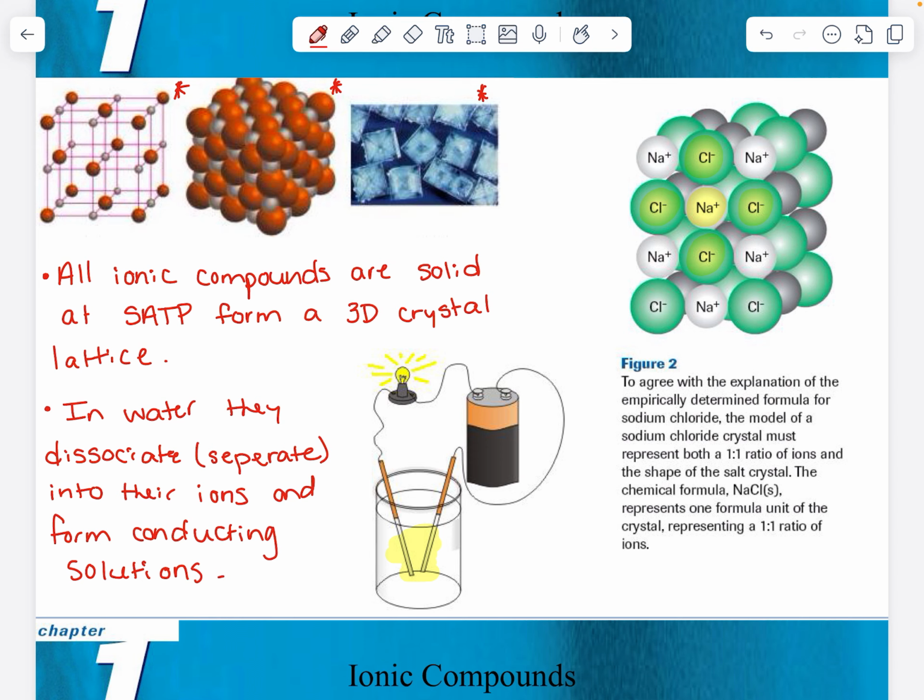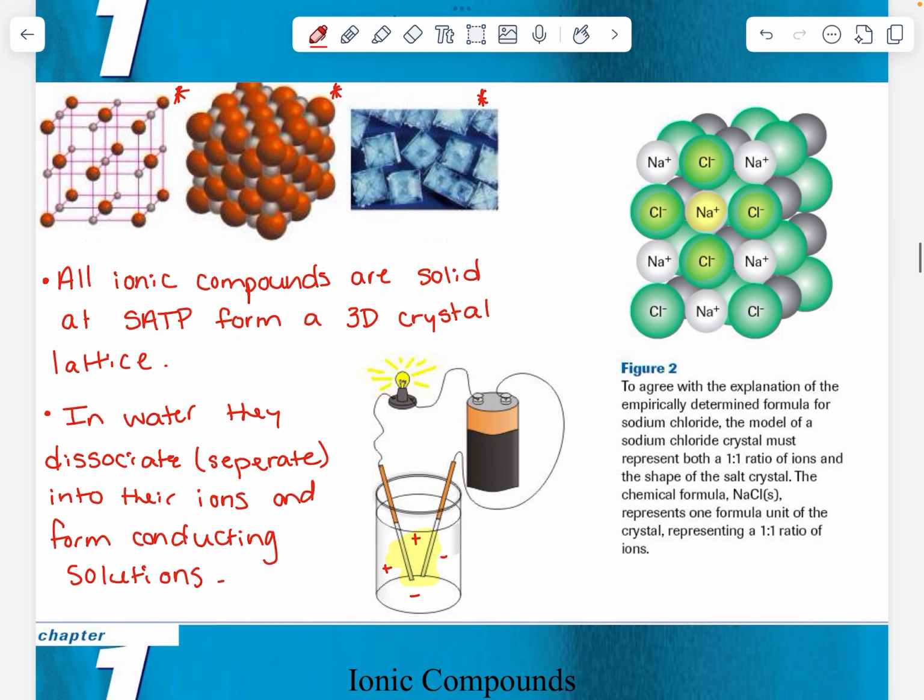But if we have ions, so you have positive and negative ions floating around in your solution, it's able to carry and complete that circuit so that it does conduct electricity. And so all ionic compounds produce ions in the solution, so they're all going to conduct electricity.